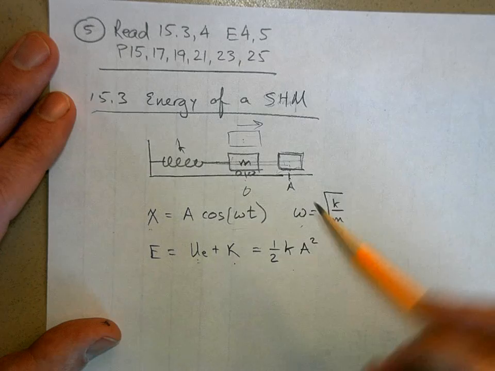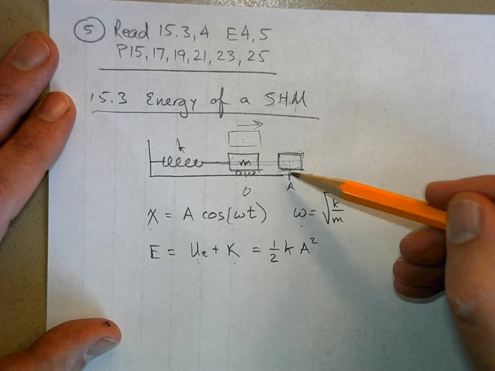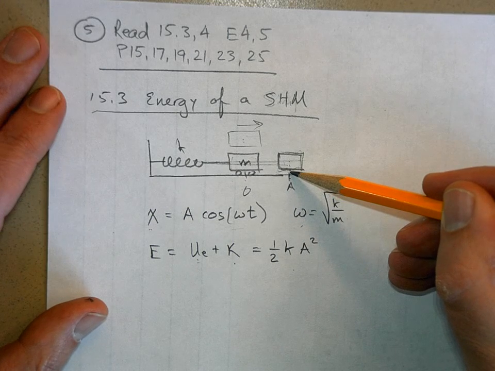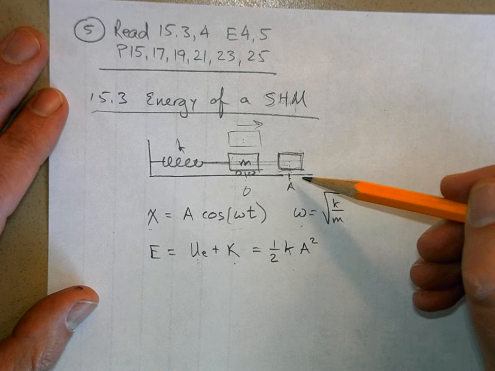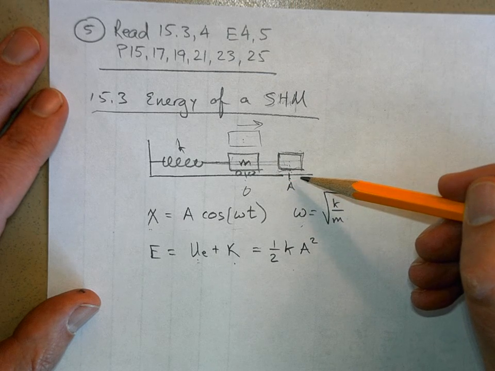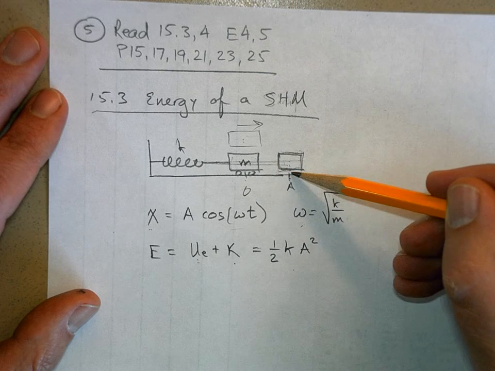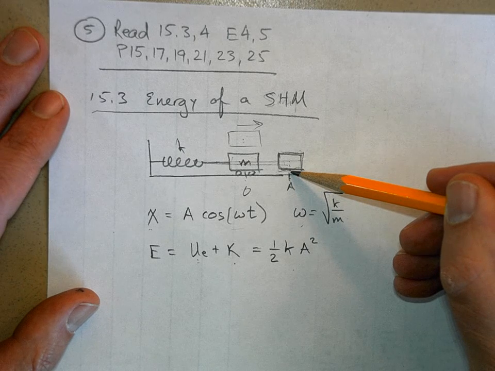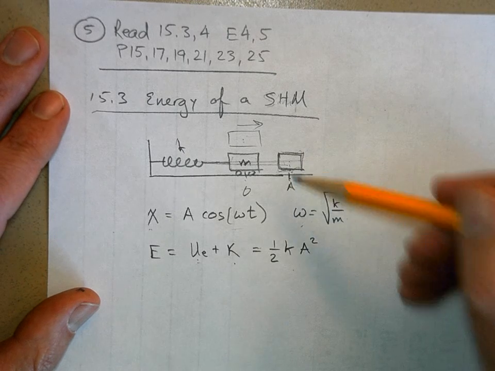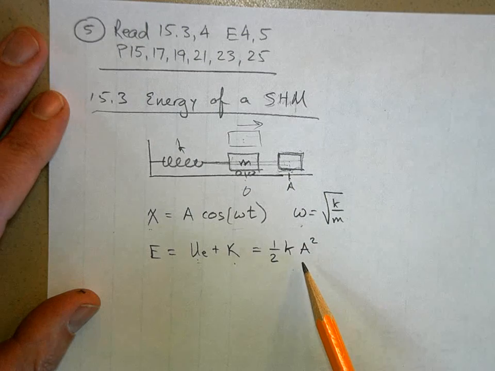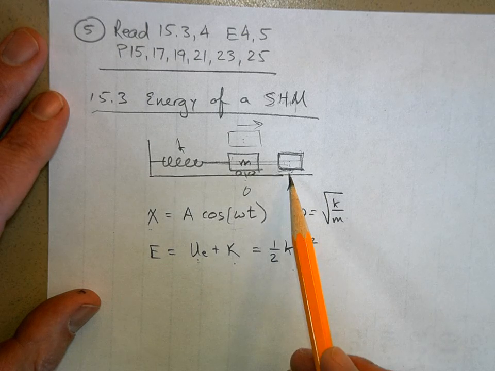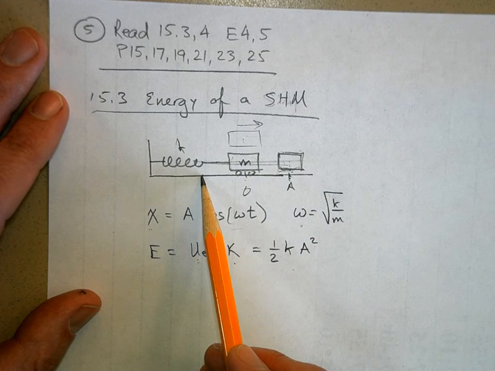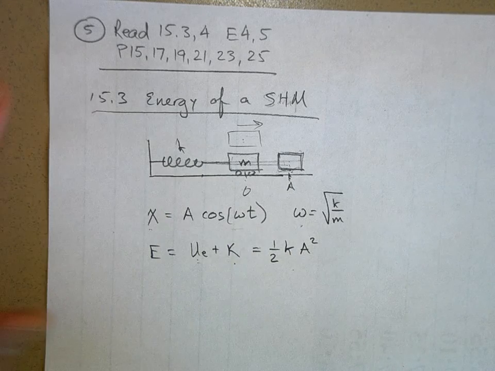And when it's at its maximum displacement, it doesn't have any velocity, right? We've stretched the spring as much as it's going to stretch. So as long as it's out here, it's not going to be moving. So it has no kinetic energy at that point. So all of the energy is in the stretched spring at this point right here, or at this point over here, negative A, but it gets squared, so it doesn't matter.